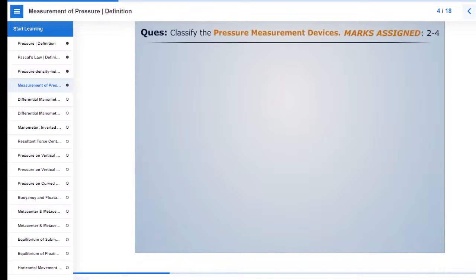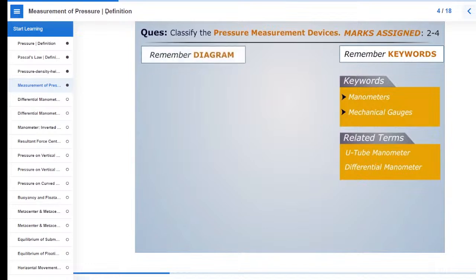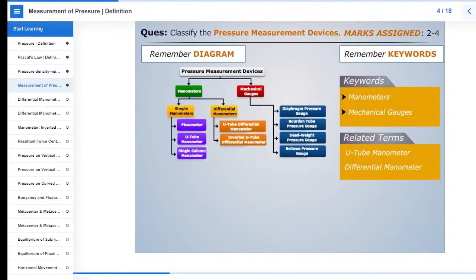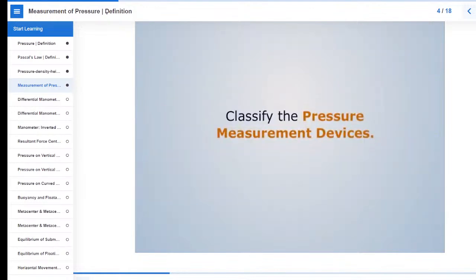Question. Remember keywords. Related terms are: remember diagram, remember definitions. Classify the pressure measurement devices.